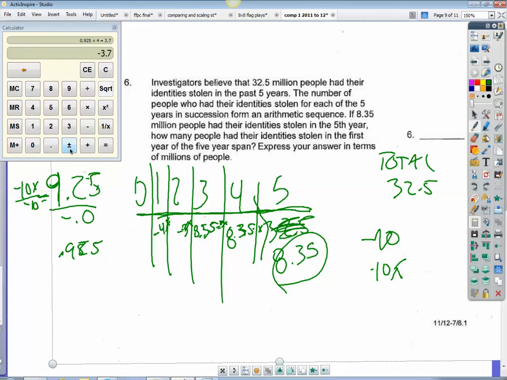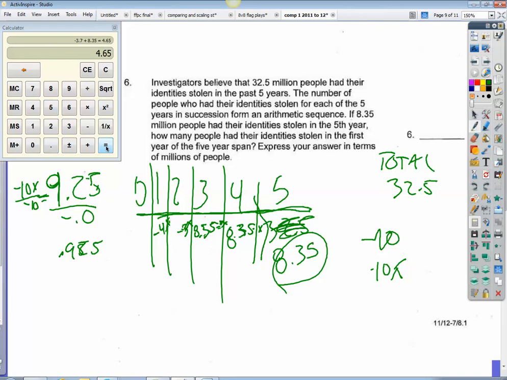So I'm going to add it to my 8.35. Let's try this again. 0.925 times 4, because that's over here on my equation. And then it's negative, and I'm going to add it to 8.35. I get 4.65, and that is the answer.